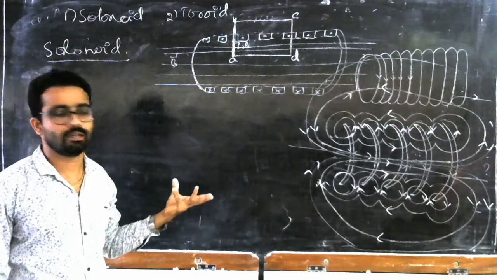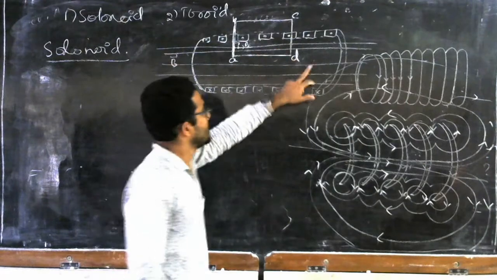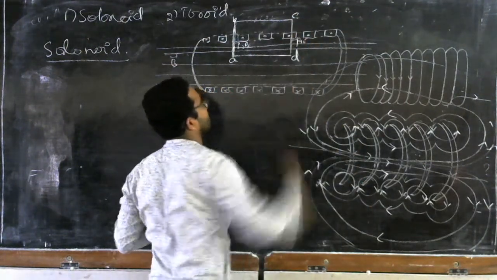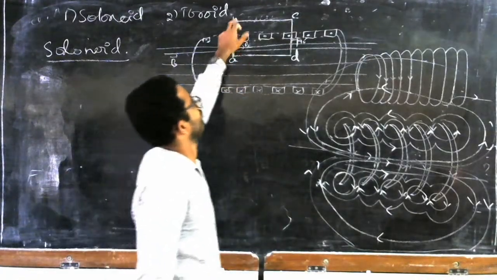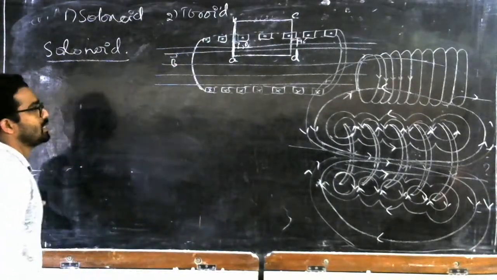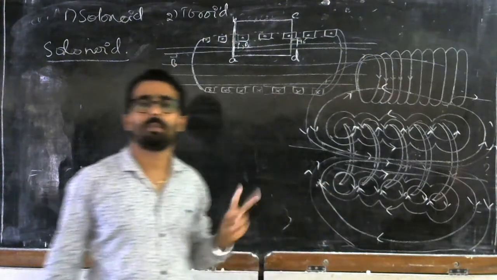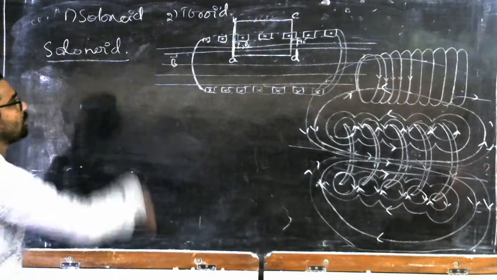Then the magnetic field contribution along the side AB is equal to 0. Similarly, DC also has an angle of 90 degrees. That is why there is no contribution on the sides AB and CD if theta is equal to 90 degrees. Or you can say the line element dl and the magnetic field are perpendicular to each other. Perpendicular means 90 degrees. That is why there is no contribution.